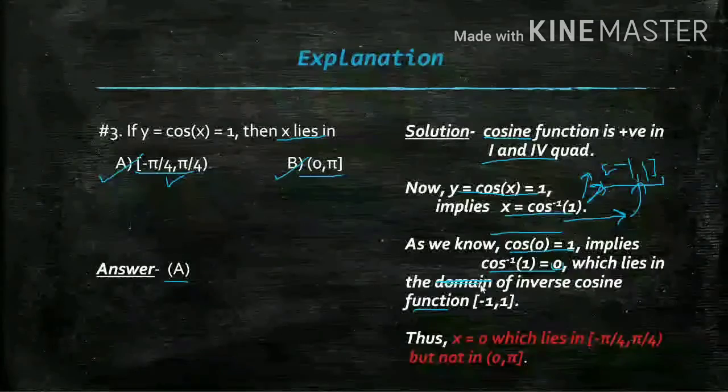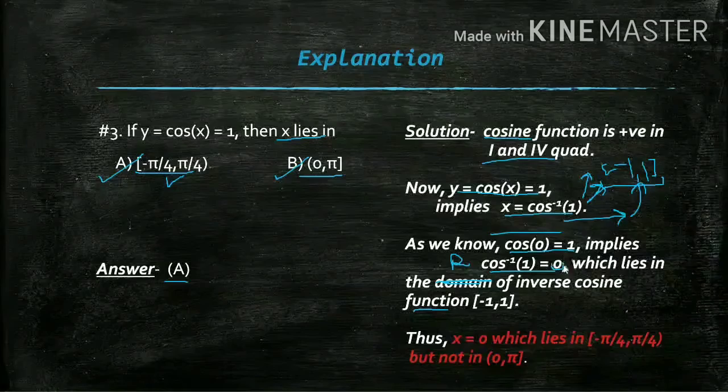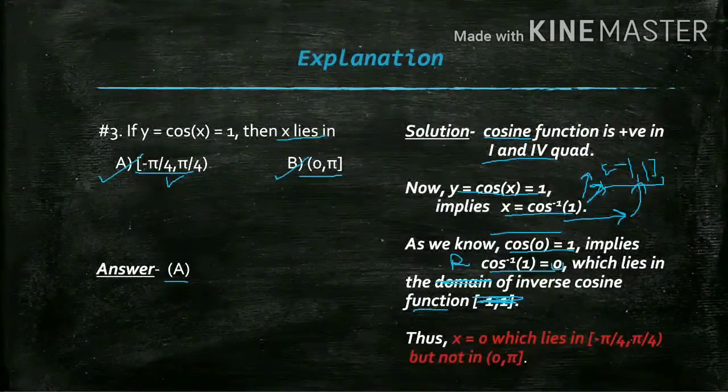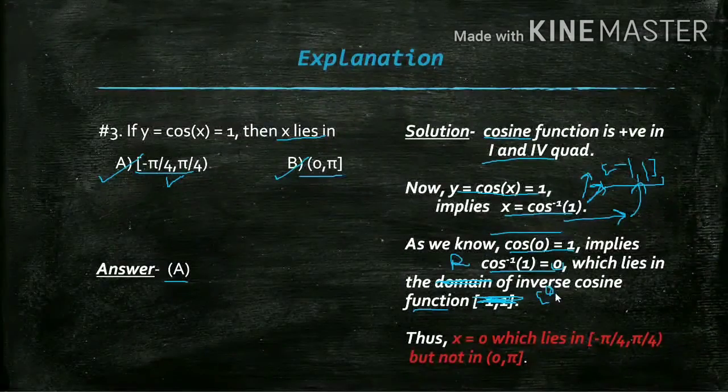Basically, it's not the domain, it's the range, because it's the value that you are getting. Not this; this is not the range. Range is the closed interval 0 comma pi, if you just remember that. So this is some printing mistake. So cos inverse 1 is 0, which lies in the range of the inverse cosine function.